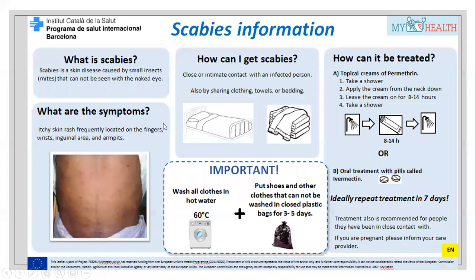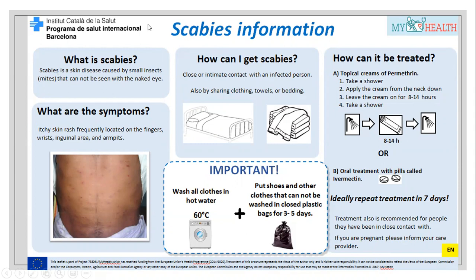Next, here is a little bit more about scabies. As you know, scabies is a skin disease caused by a small insect that cannot be seen with the naked eye.